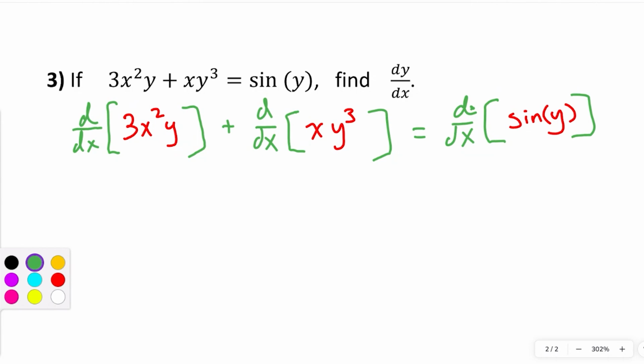If y was some other function, like cosine or e to the x, what rule would I need to use? Product rule. Exactly.